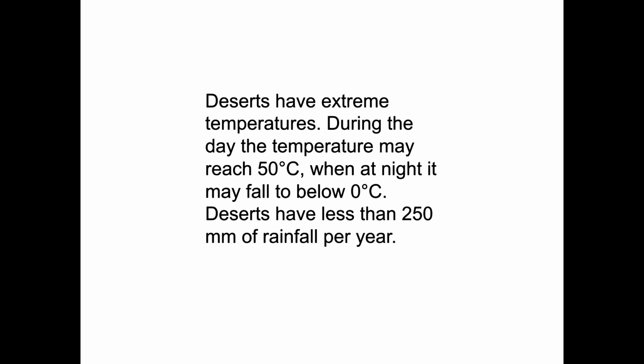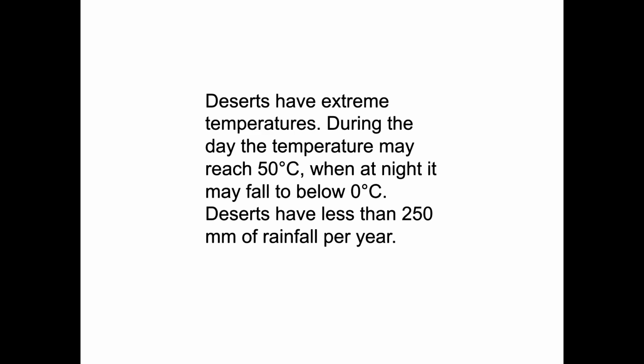And what that means essentially is that deserts, which are high pressure areas, have extreme differences in temperature. They don't have any clouds during the day, so you get maximum heat and might reach 50 degrees. But at night time, there's no cloud to keep that heat in, and you may well go below freezing. Extreme temperature differences.